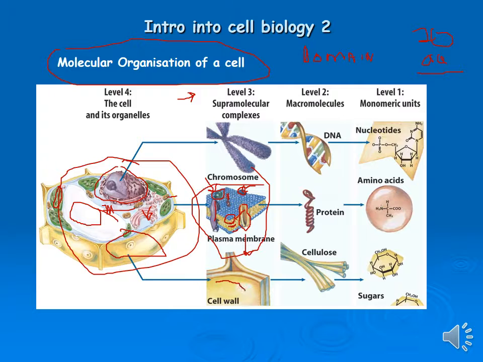So they're showing you the different levels, starting from the cell level and moving down, top to bottom. Level 4 is the cells and the organelles. Level 3 are the complexes, things like chromosomes.